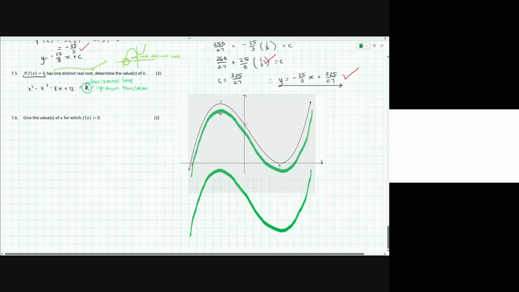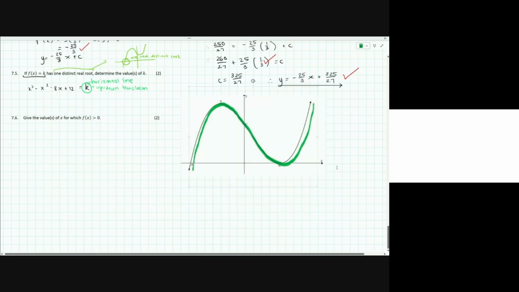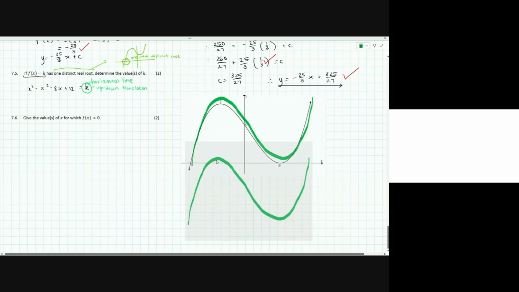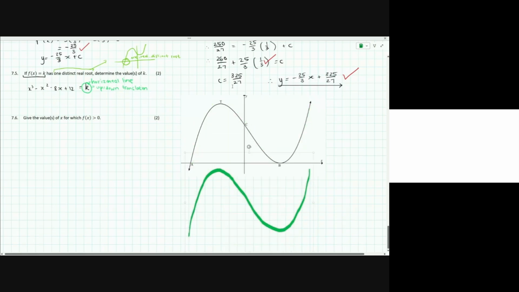So I've got two options. Option one is I can take this entire graph and move it up, so shift the stationary point off the x-axis so that now it only cuts once, or take my cubic and shift it all the way down so that T is below the x-axis, and this arm will just keep going up, intersecting my x-axis once.